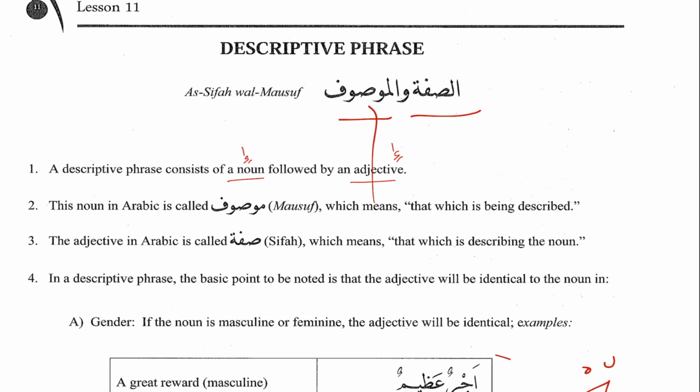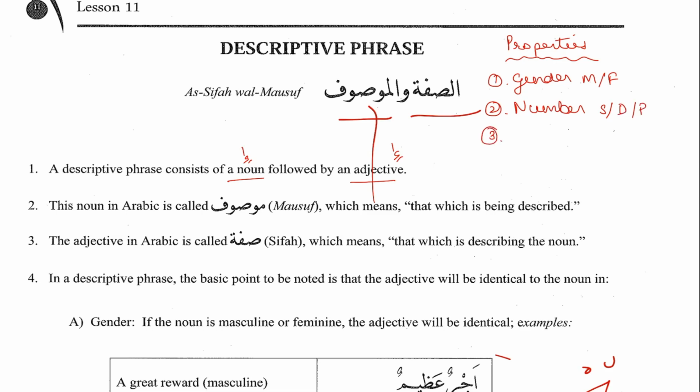It will have the following properties. The first is gender, whether the ism being described is male or female. Secondly, number, whether it is singular, dual, or plural.